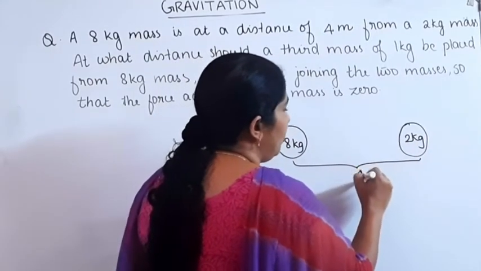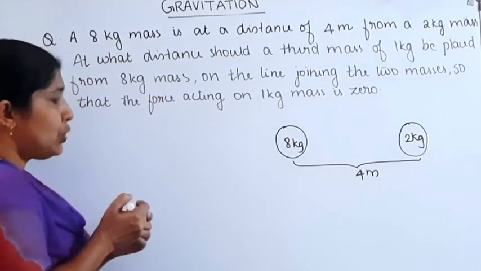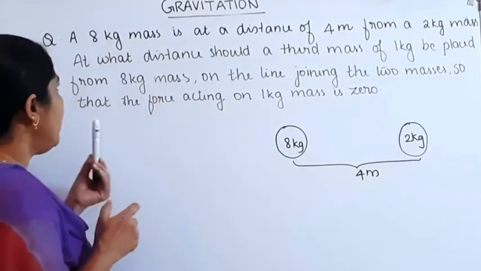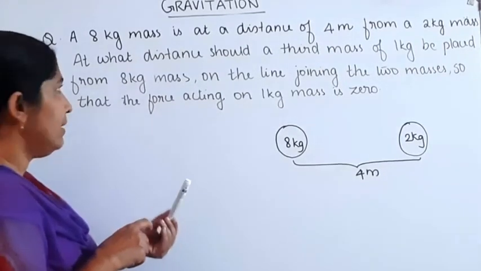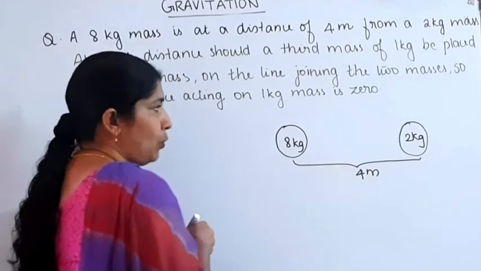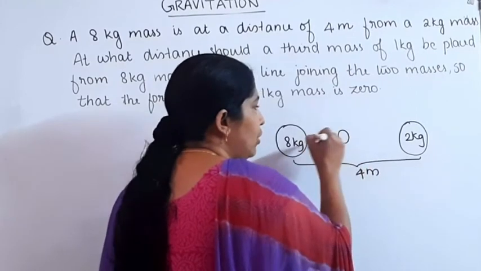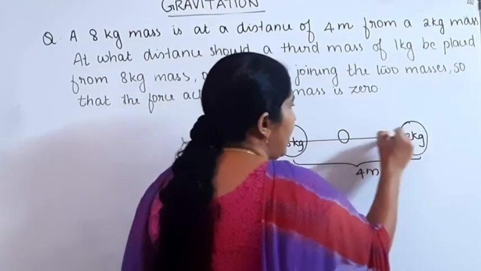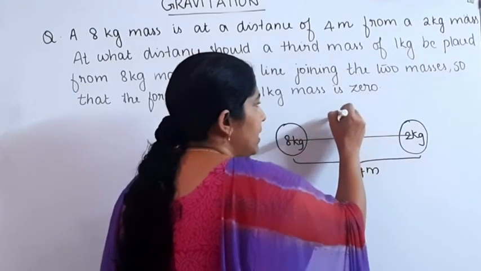At what distance should a third mass of 1 kg be placed from 8 kg mass on the line joining the two masses so that the force acting on 1 kg is equal to 0? We want to place a 1 kg body on the line joining the two masses.